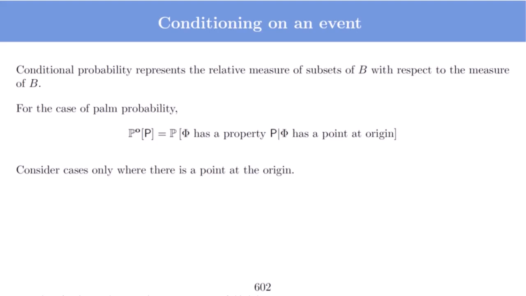So for the case of Palm probability also, we condition that phi has a point at the origin and phi has a property P. It means the conditioning event has occurred. We are only considering the point process realizations where phi has a point at the origin, and out of those realizations, we look at whether they have property P or not, and what is the probability that they have this property.